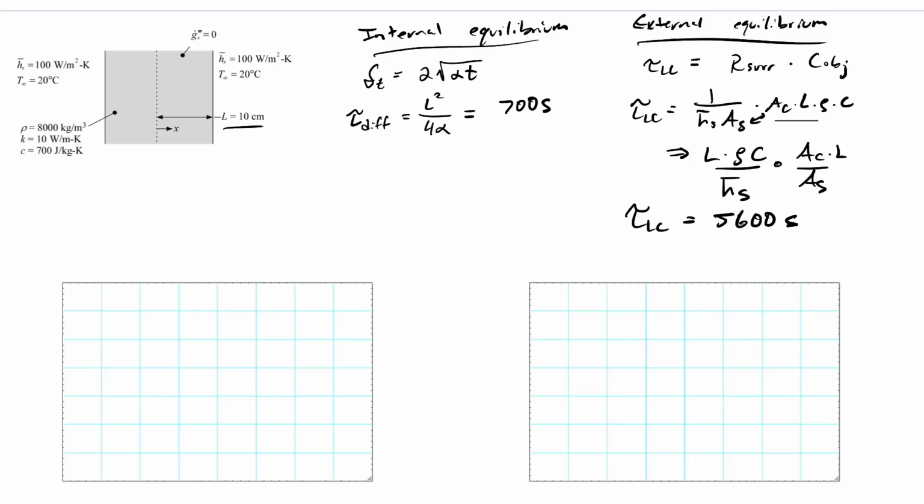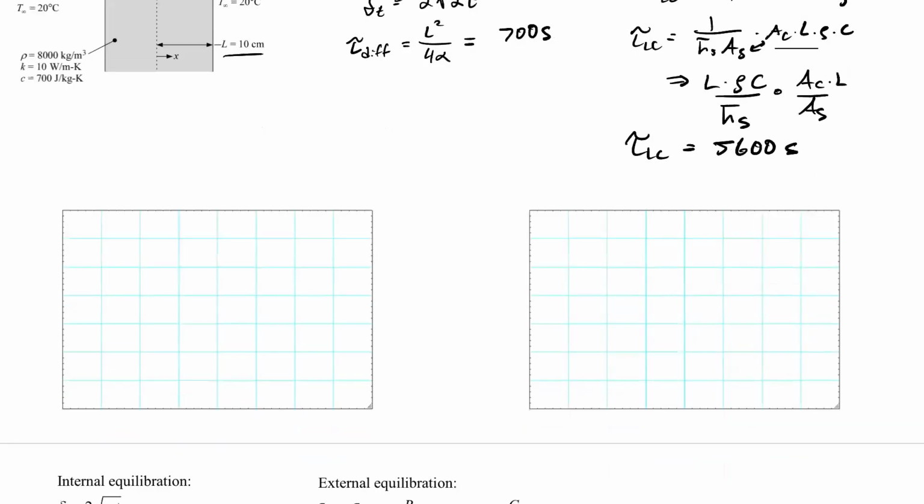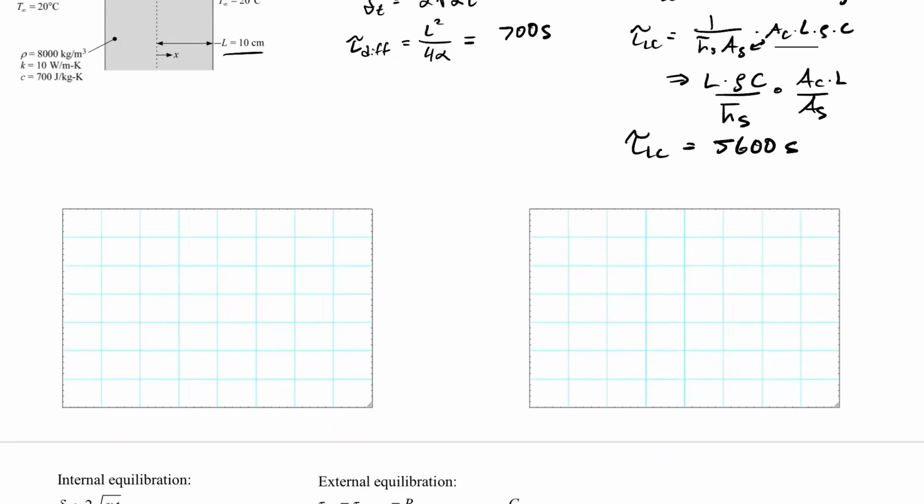So we can use this information to predict the behavior of this particular problem without actually doing many more calculations. How would we do that? Let's sketch it out.